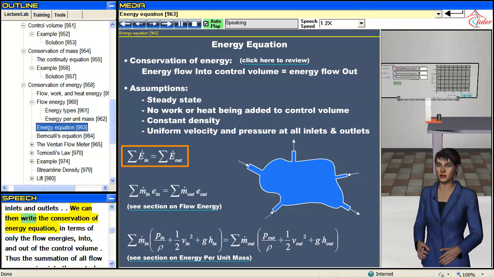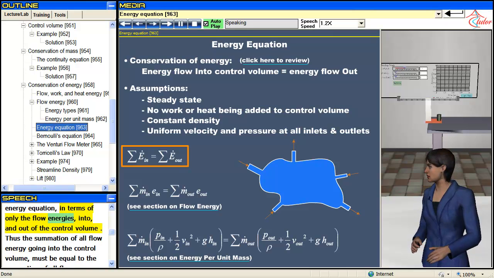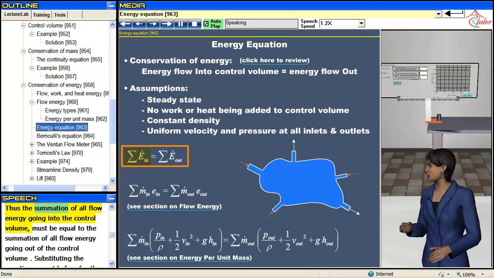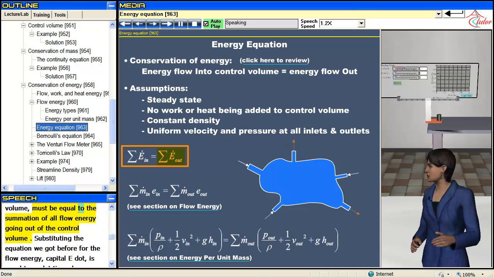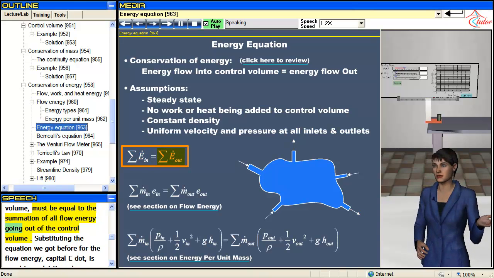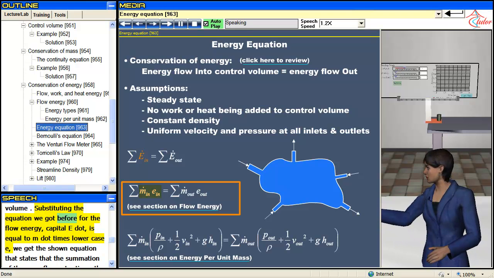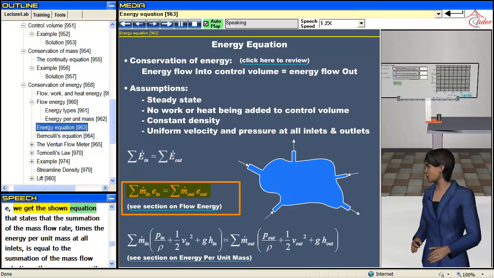We can then write the conservation of energy equation in terms of only the flow energies into and out of the control volume. Thus the summation of all flow energy going into the control volume must be equal to the summation of all flow energy going out of the control volume. Substituting the equation we got before for the flow energy, capital E dot is equal to m dot times lowercase e, we get the shown equation.